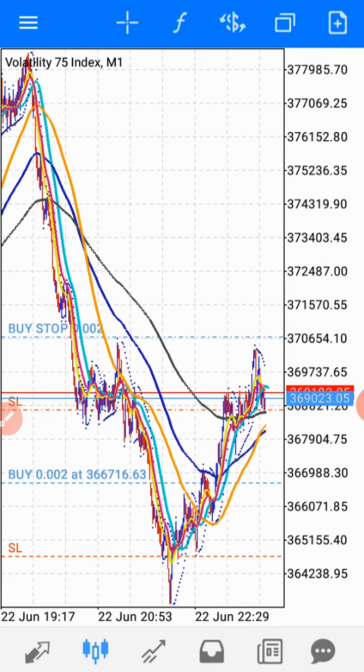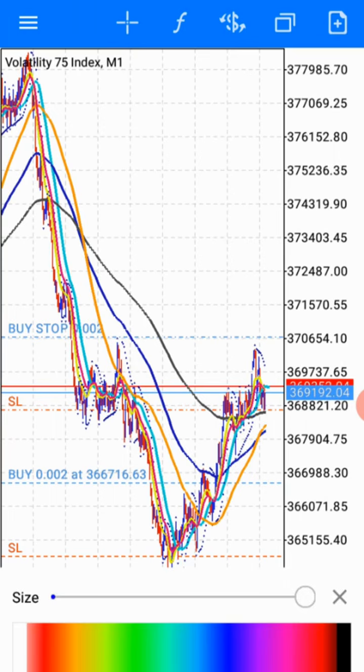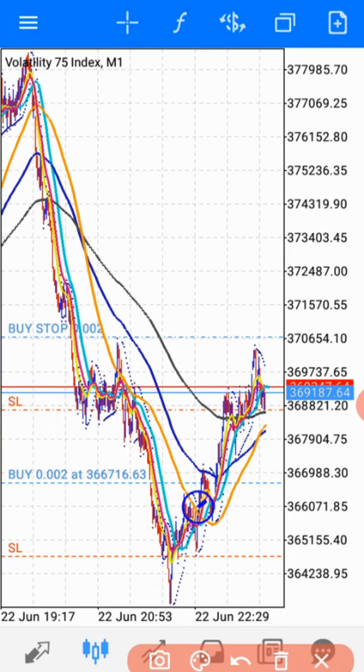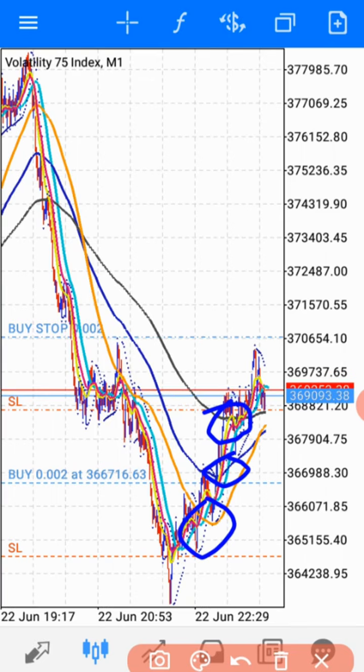The same thing happens for the sell direction. So our first entry here, second entry here, third entry here, and the fourth entry will be the one that is about to trigger now. This guy crossing here.